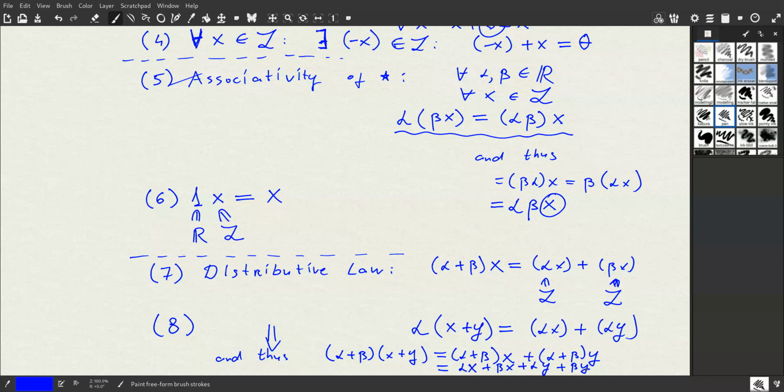So these are the 8 fundamental axioms of a linear vector space. You see that we do not really define what these elements, for example x, are.